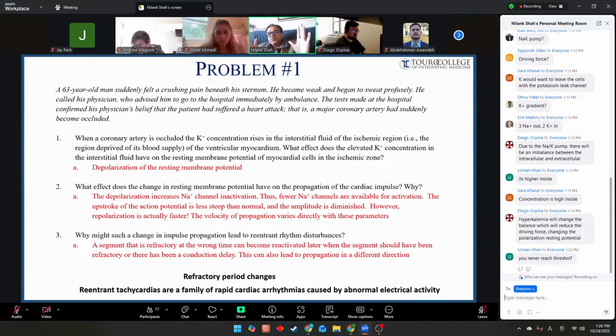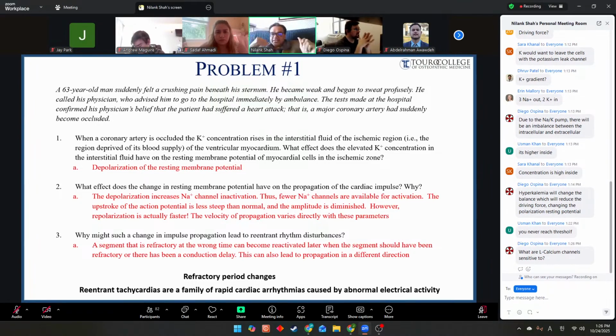Okay, what would happen to the IKs or what potassium channel in phase 2?